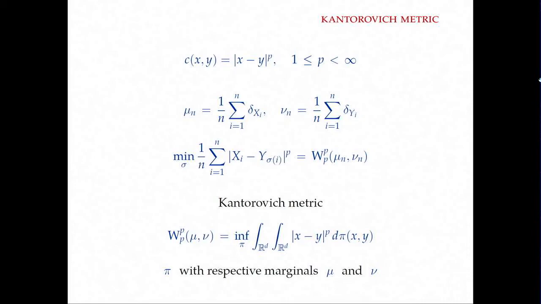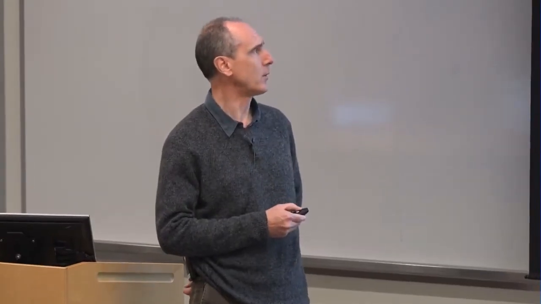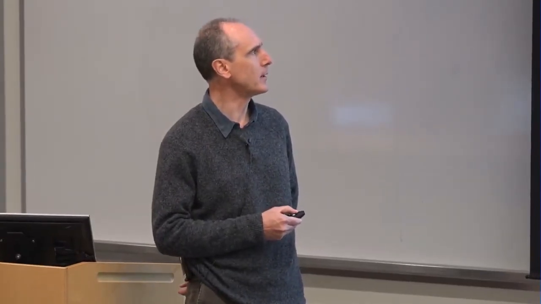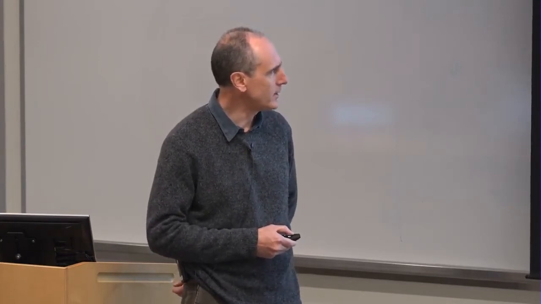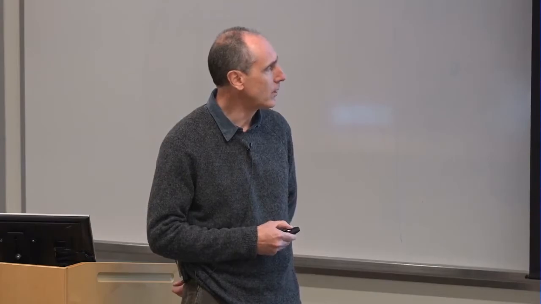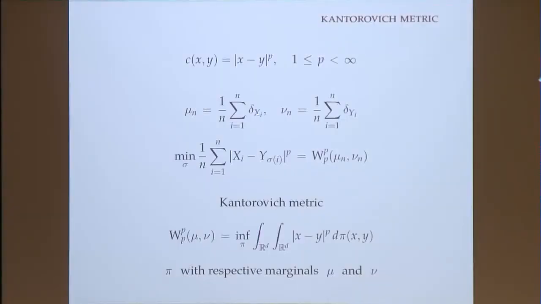If you take this cost, which I recall is simply the Euclidean length in R^d to the p, it's a classical and easy exercise to see that if you take the two empirical measures on the samples xi and yi, then this quantity, which is defining the optimal matching, is nothing else than a so-called Kantorovich metric, Wp to the p, between the two empirical measures.